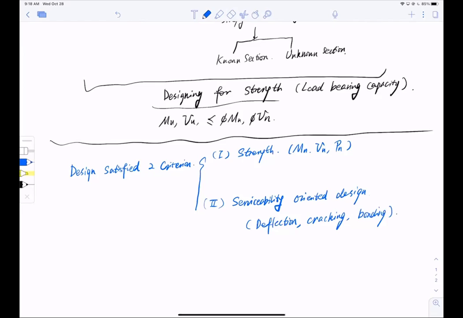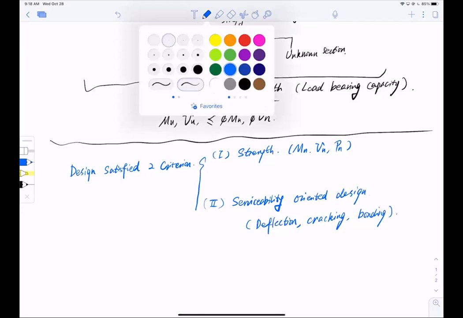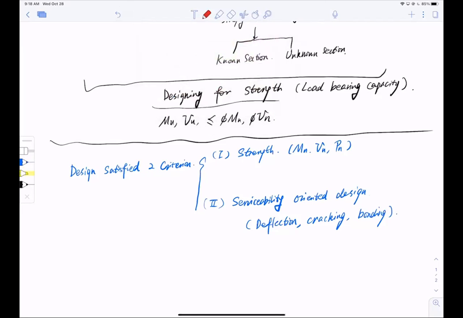Now, today, mainly we're going to focus on deflection. How much a beam can deflect?